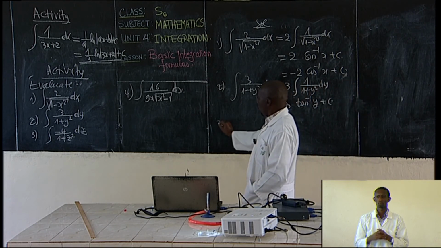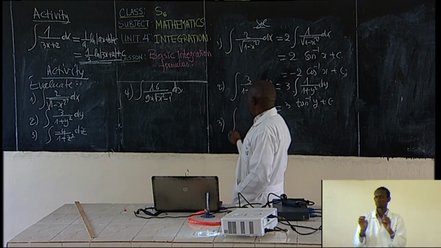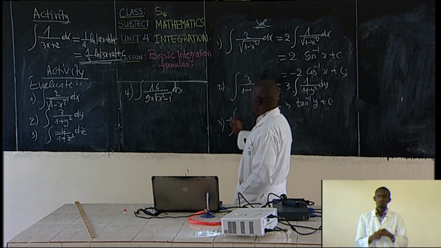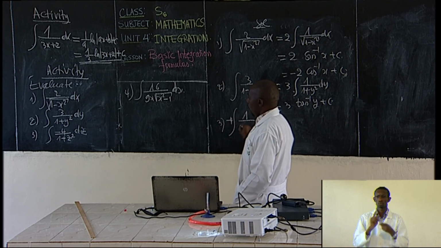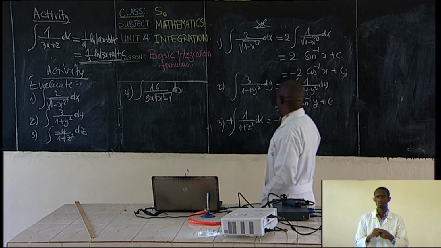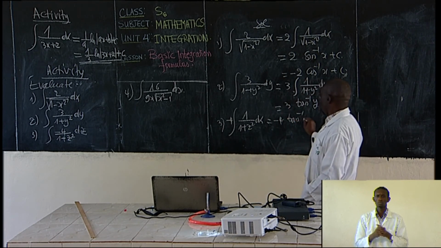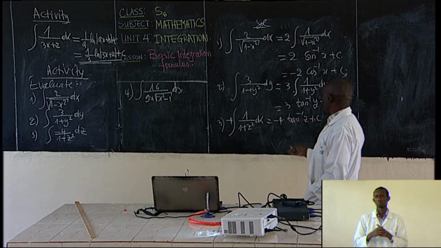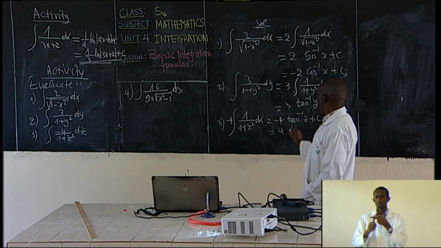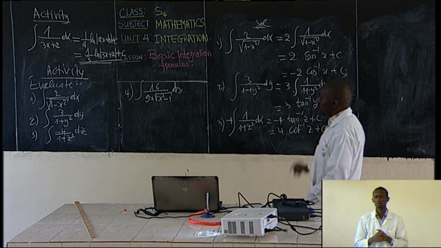Then number 3 is the same. You have negative 4 times 1 over 1 plus z squared dz, which is equal to minus 4, right? Tan inverse of z plus c, or simply 4 cotan inverse of z plus c.